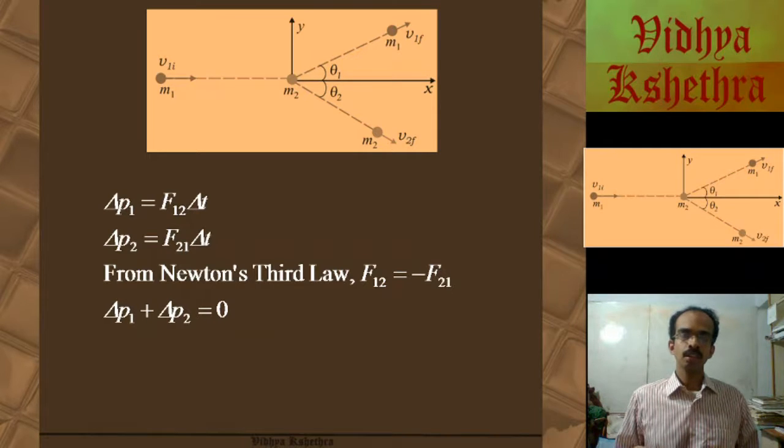Hence, we can say that the sum of these very small changes in momentum, delta p1 plus delta p2, is equal to 0, or it's a constant, or we can say that momentum is conserved. The total momentum of an isolated system is conserved.